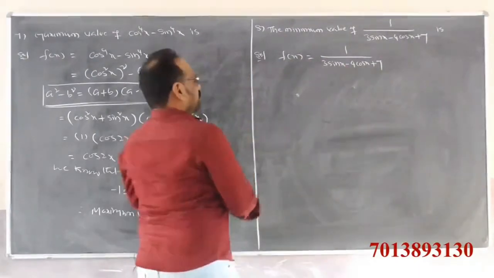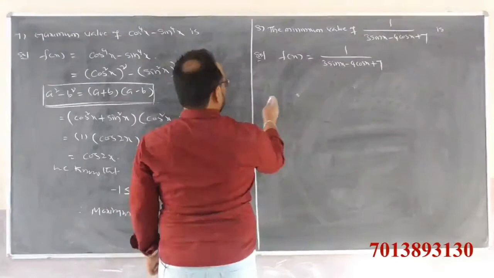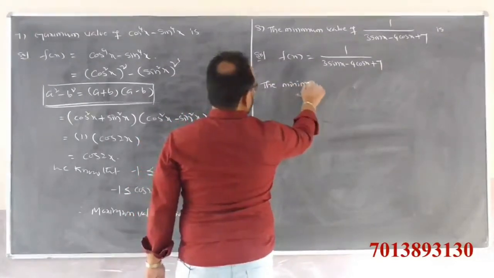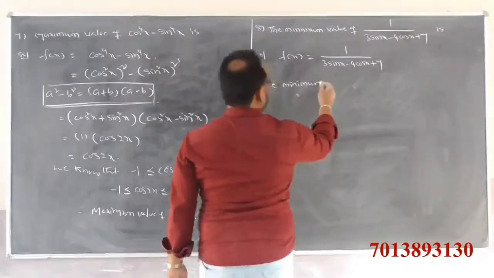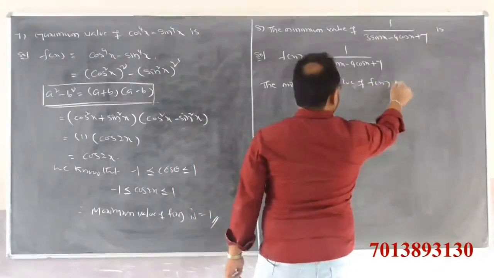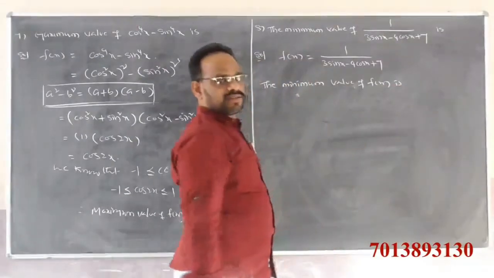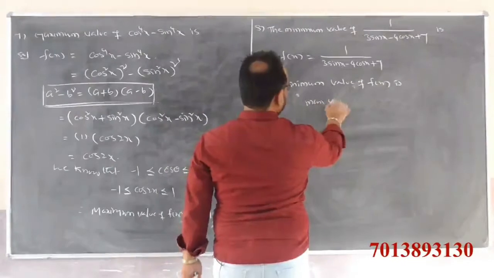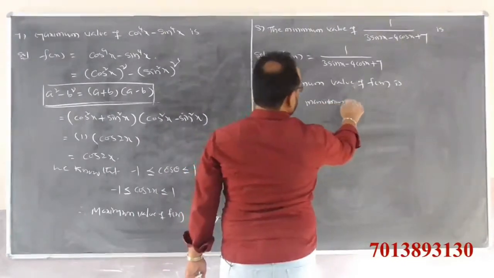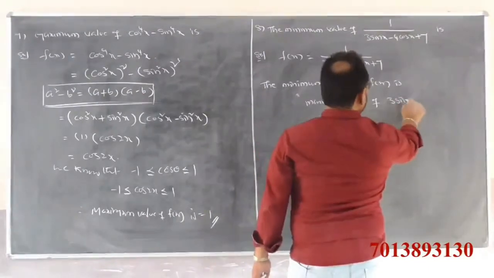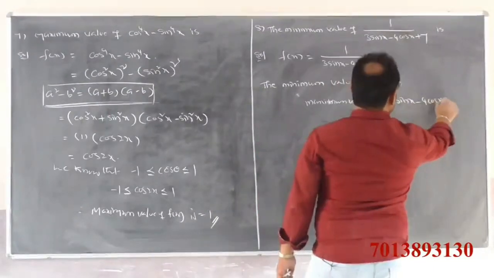So the minimum value of f of x is 1 by the maximum value of 3 sin x minus 4 cos x plus 7.